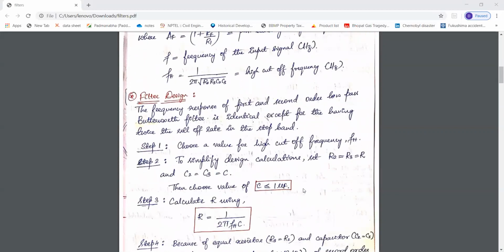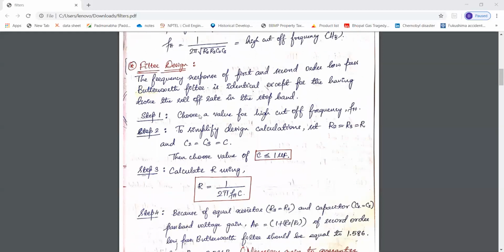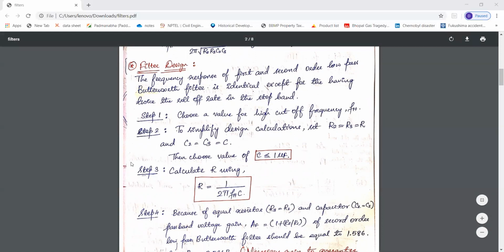Next, filter design. The frequency response of the first and second order is the same except for twice the roll-off rate in the stop band. I discussed this previously. Next, the steps. First step is we are going to choose a value for the high cutoff frequency FH. Then step 2.